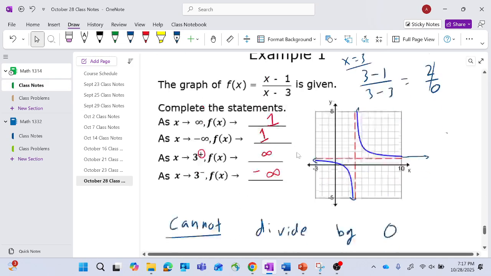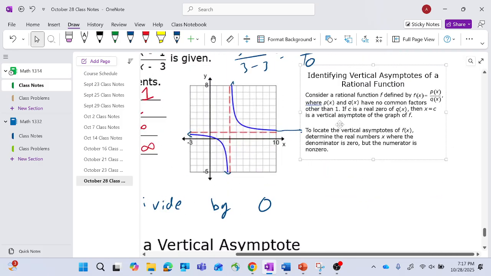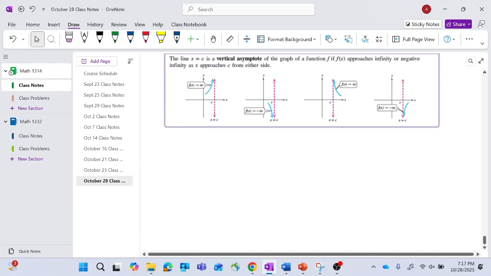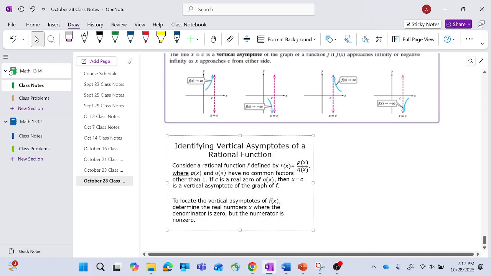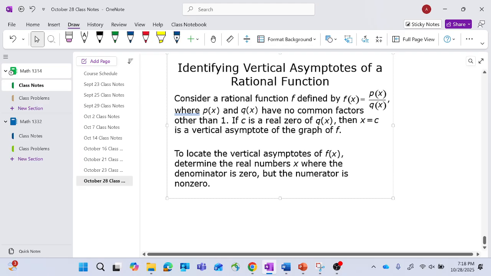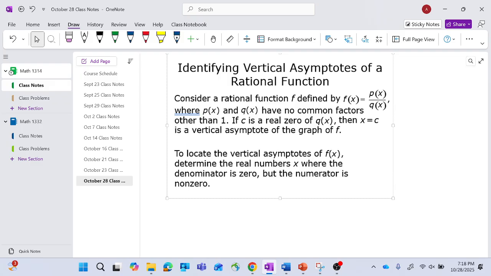And I think that's pretty much what this slide right here is going to say too. This one is pretty much going to say the same thing I just said: vertical asymptotes happen when you divide by 0. So when you have a rational function, look at the denominator. Any x value that makes the denominator 0 will be a vertical asymptote.